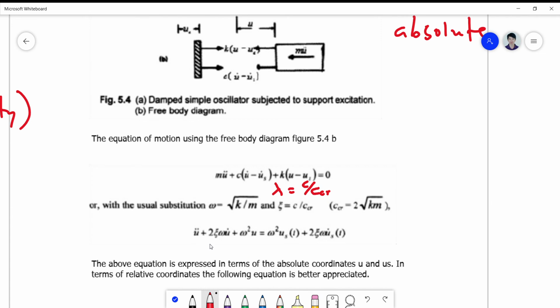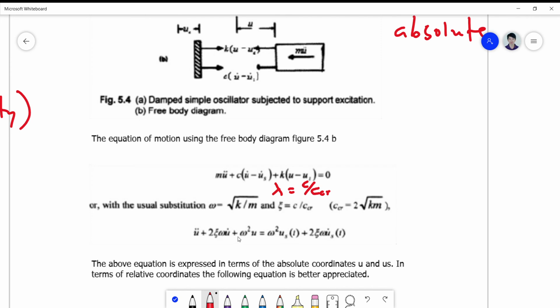So u double dot plus 2 xi omega u dot. This Greek letter is pronounced as xi.